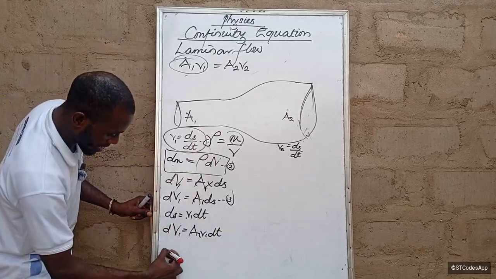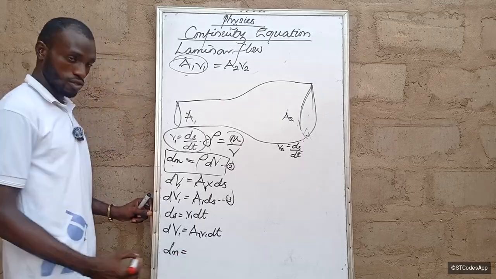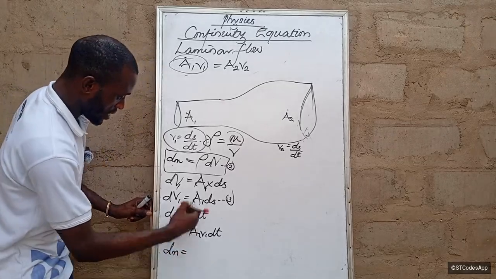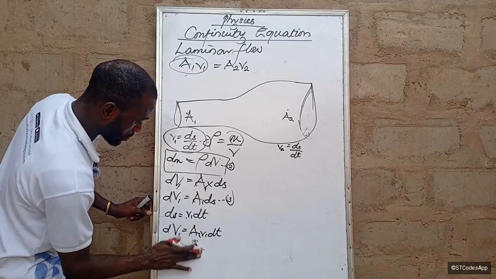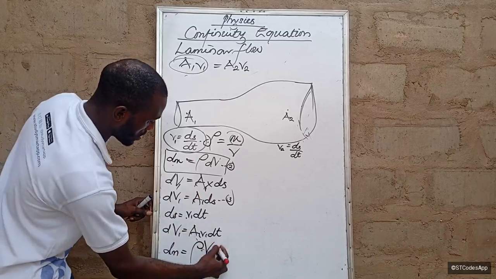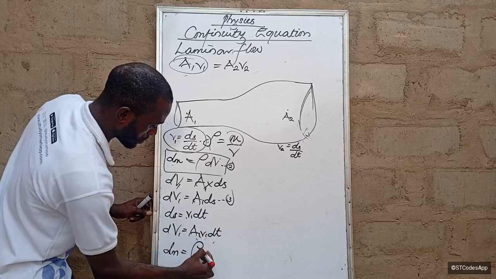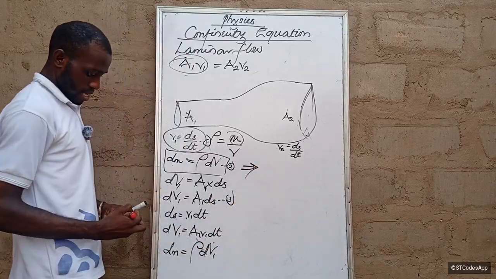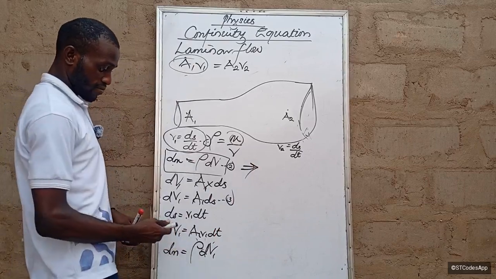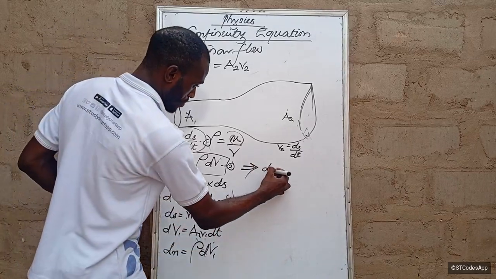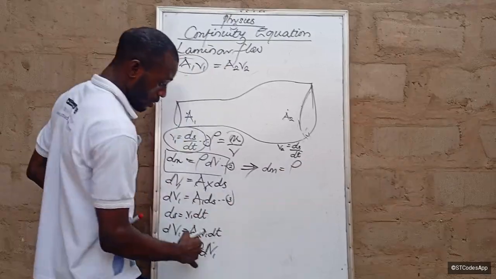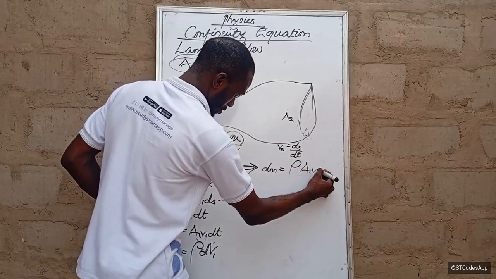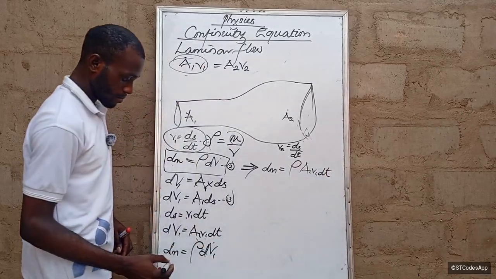In equation 2, I already have that dm, the small mass of fluid, is rho dV1. If that be the case, then I'm going to substitute again for dV1 such that dm becomes rho A1 v1 dt.